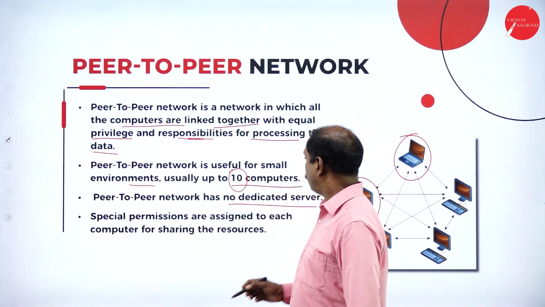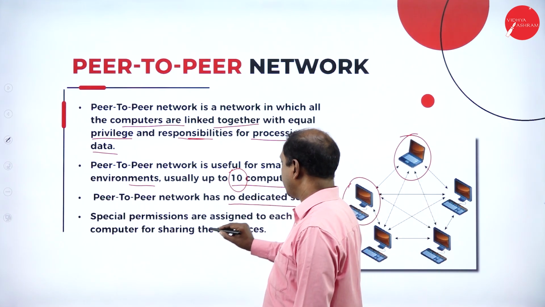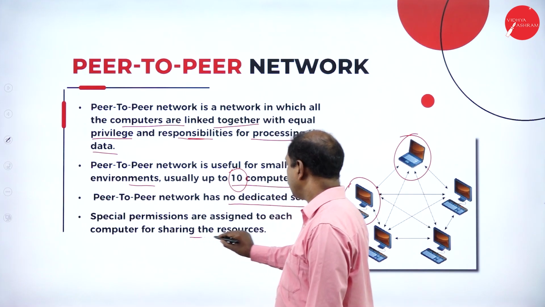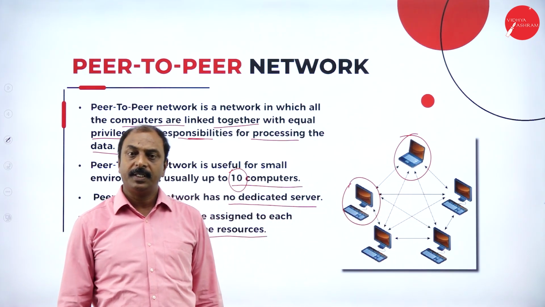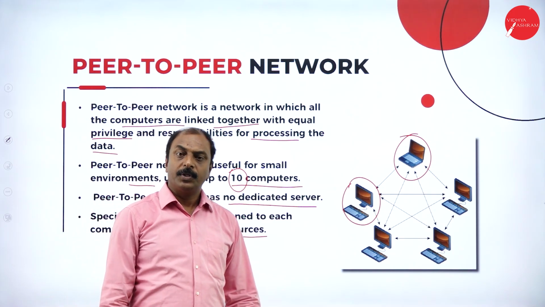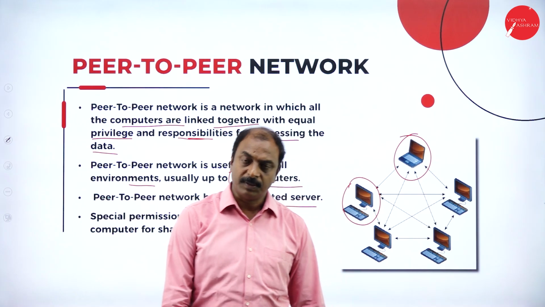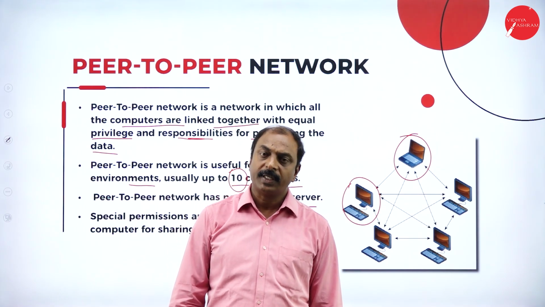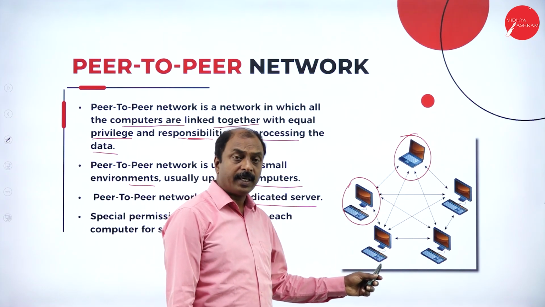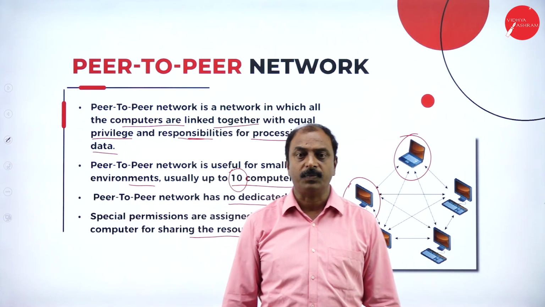That is the meaning of no dedicated server, and special permissions are assigned to each computer for sharing the resources. So this is the definition of peer-to-peer. Accordingly, in a peer-to-peer network, all the computers will be given equal privileges and responsibilities so that each computer works as a server as well as a client computer. That's the definition of peer-to-peer network.